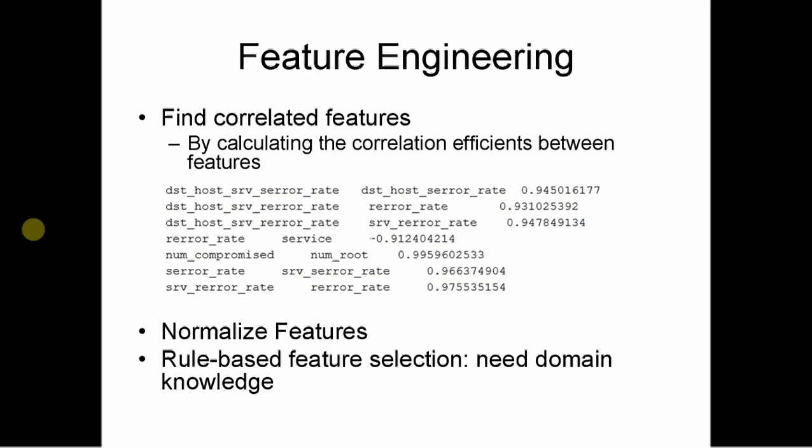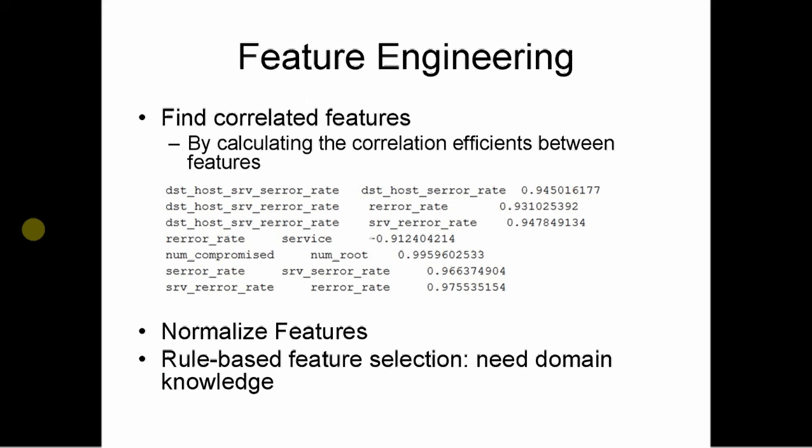Our next step is to find correlated features. To find correlated features, we can calculate the correlation coefficient between features. I got a very huge correlation coefficient matrix from the dataset, and after reading the matrix carefully, I found some pairs of features which have a very high correlation coefficient. Here are some examples.